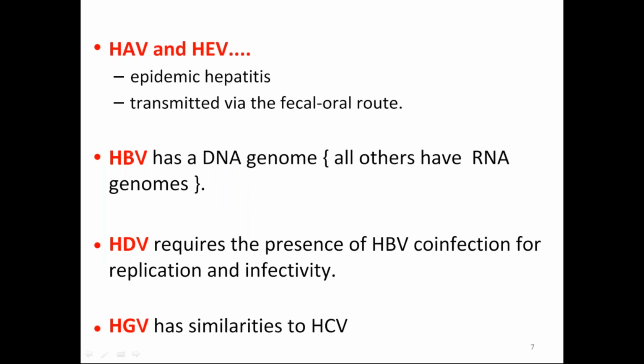Hepatitis A and hepatitis E can cause epidemics, and the mode of transmission is the fecal-oral route. The distinguishing factor between HBV and other viruses is that it has a DNA genome, while the rest of them have RNA genomes.